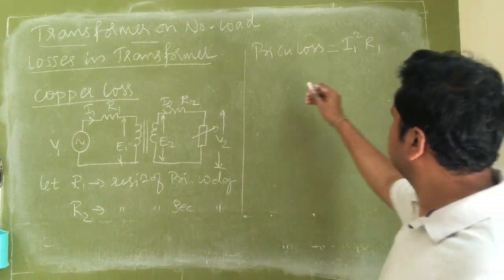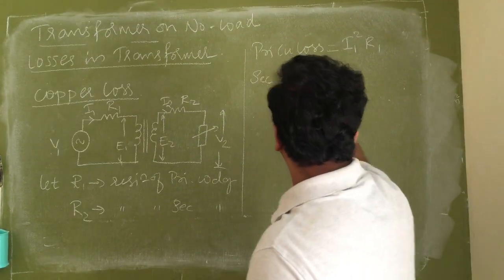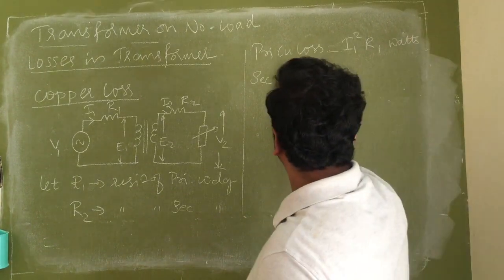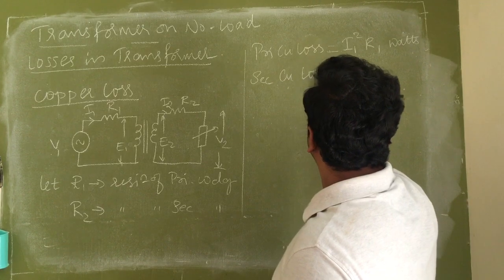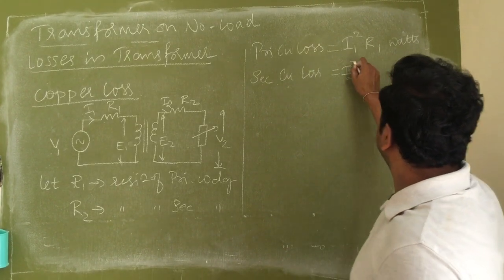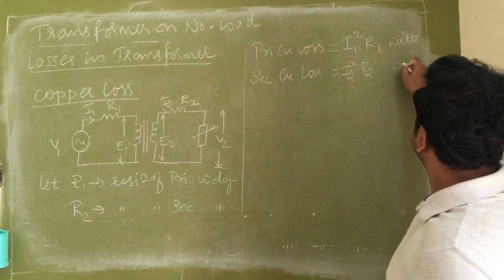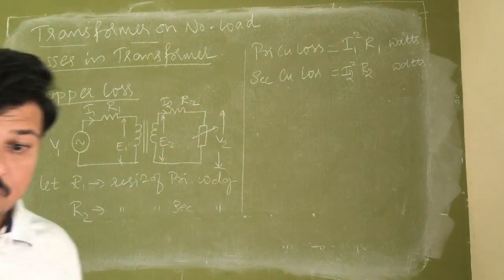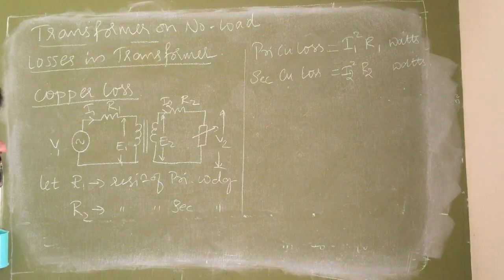Secondary copper loss is I2 square R2 watts.